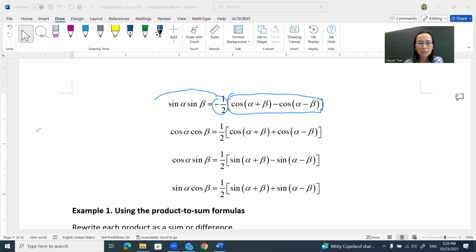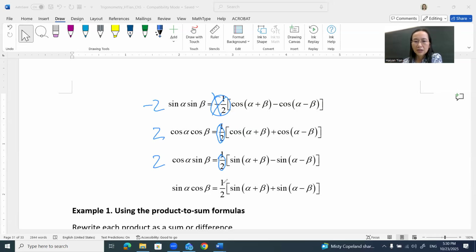Multiply by 2, then the half will be cancelled and you will have a 2 here. Multiply both sides by 2. So these four formulas will immediately have a different look. We just put 2 on the other side instead of half on this side.